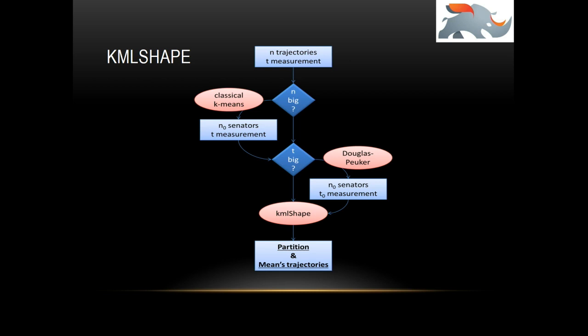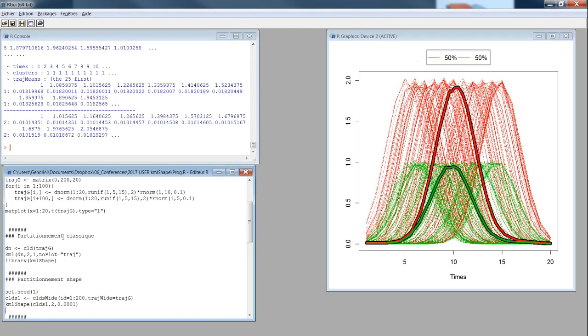With n0 senators and then t measurements, if t is too big, then we will also simplify the number of points in each trajectory, and we will get n0 senators and t0 measurements. Note that if n is not too big, then you can go straight and run kmlShape. And then we run kmlShape, which gives us the final partition and the average trajectory of each cluster. Let's try it.